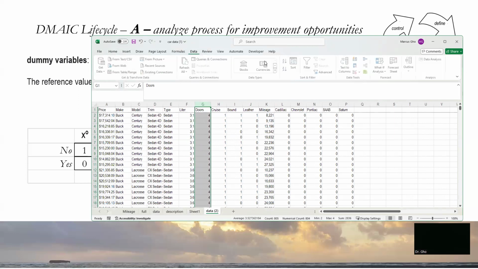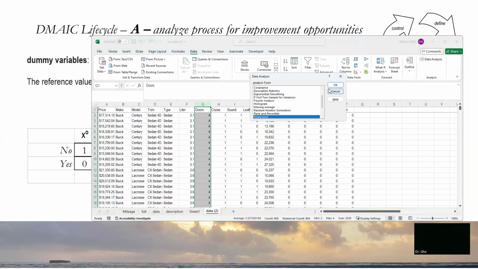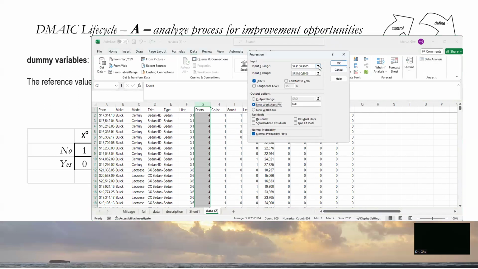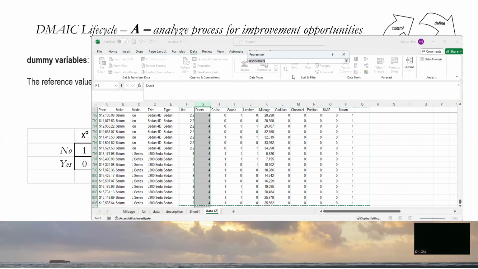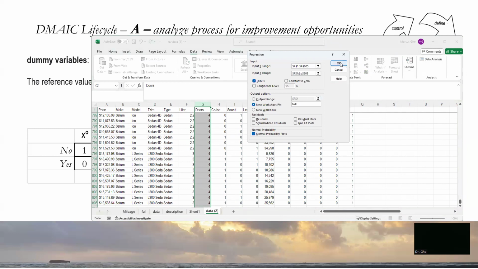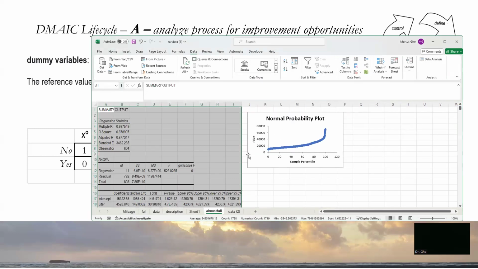We go to data, regression. So we'll have, okay, that looks good. And then this one, we'll go P instead of Q. Almost full. And let's see what this gives us.